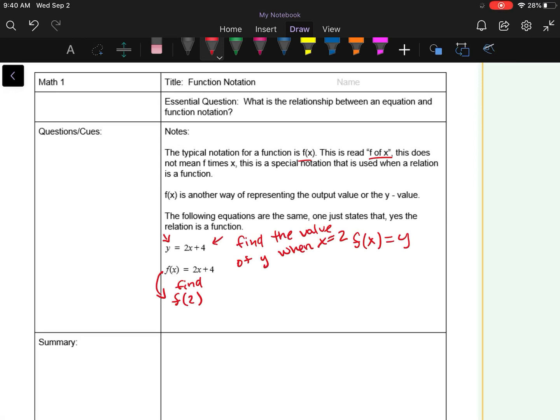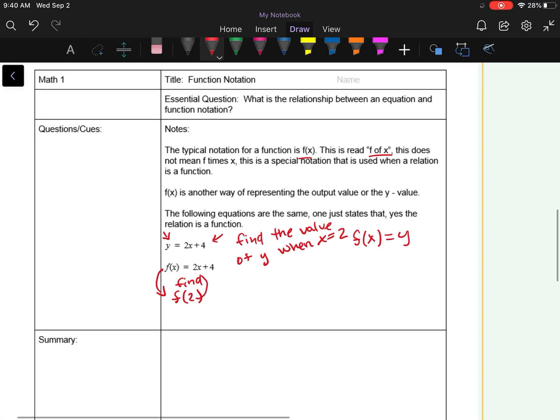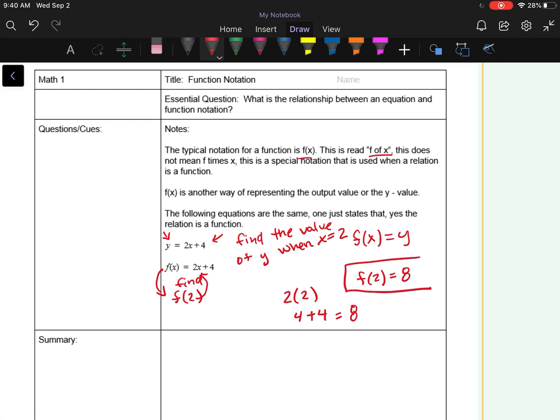So if we were to do that, we would just plug in the 2 where the x is, and we would say, 2 times 2 equals 4, 4 plus 4 equals 8. So therefore, f of 2 equals 8. That would also be y equals 8, because f of x equals y.